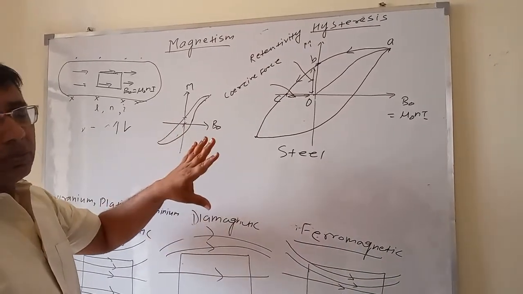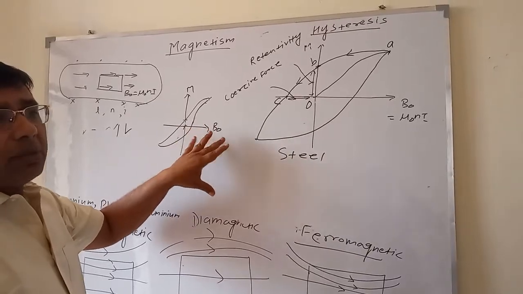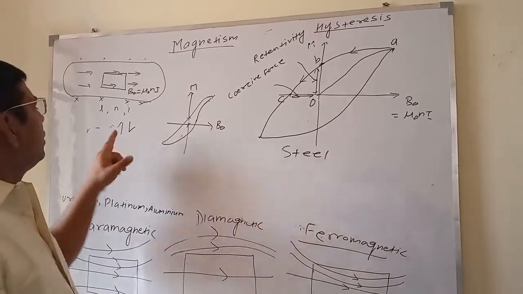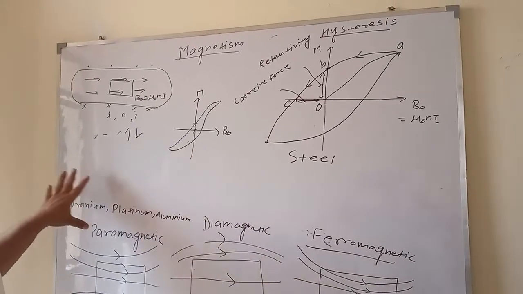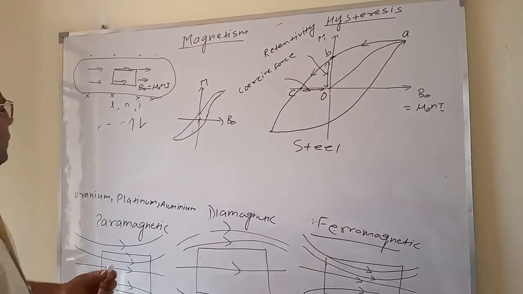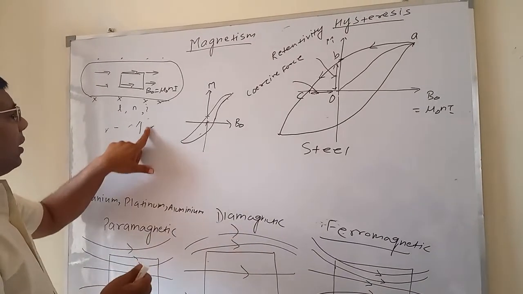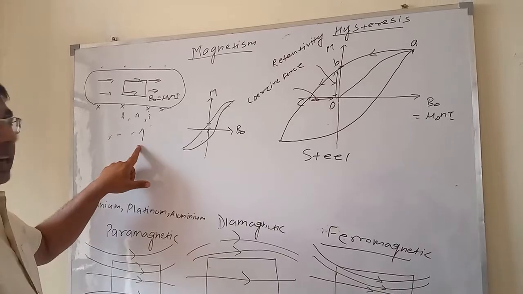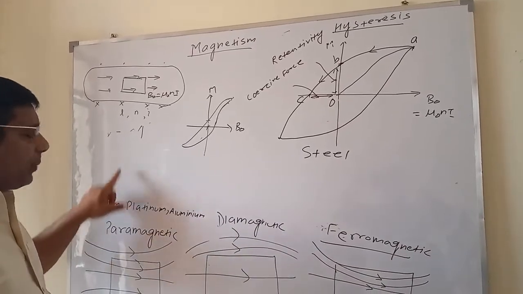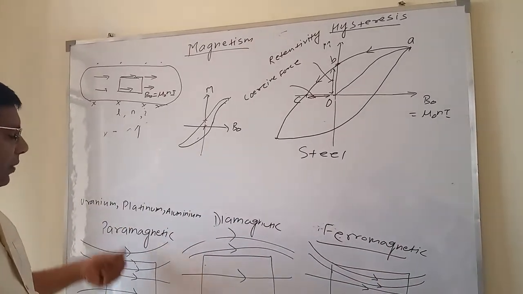There are mostly two kinds of motion: one is orbital motion and the second one is spinning. If there is clockwise and anti-clockwise, it will generally cancel, right? But if there is not a paired electron, then it will be separated out and it will give the magnetic field. So this is the reason why in paramagnetic materials we get the magnetic field.